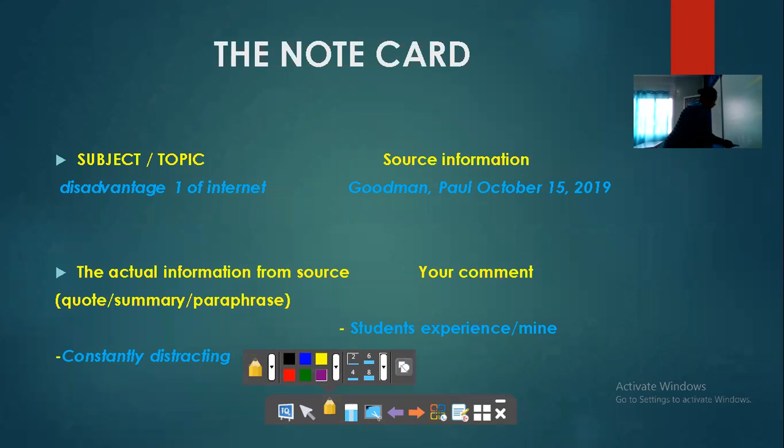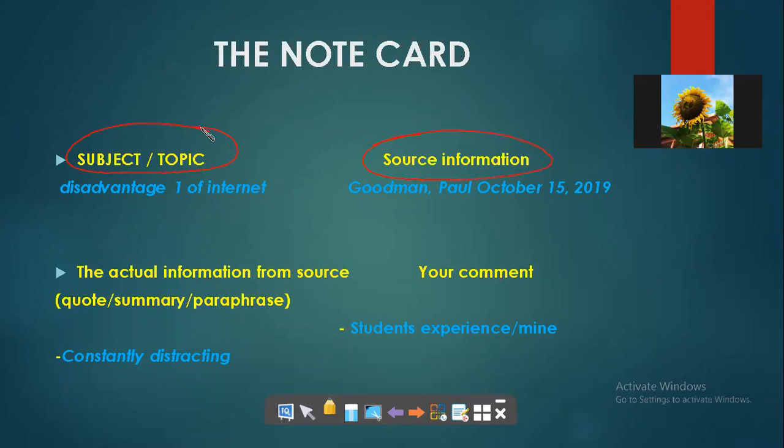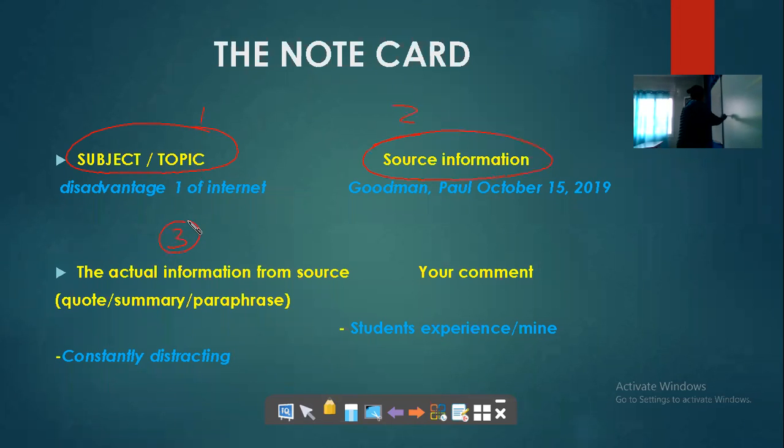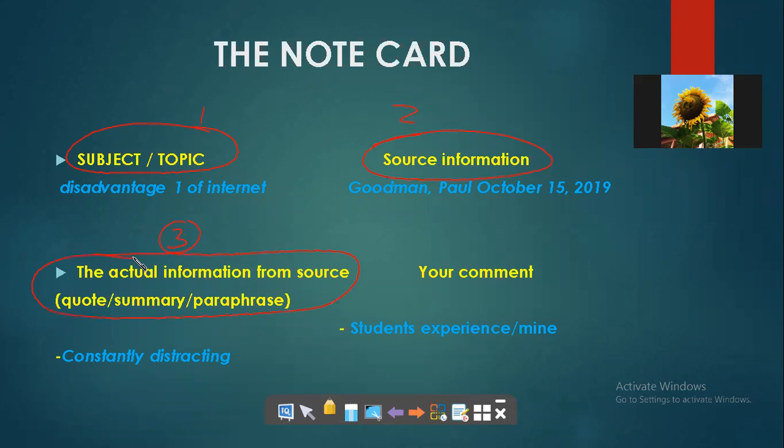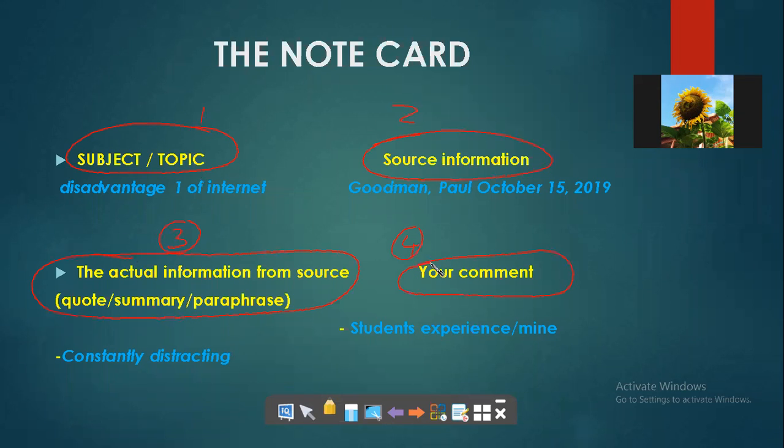So your note card will have 4 elements. What are the 4 elements? There has to be a subject. There has to be source information. Number 3 is the actual information from the source, and number 4 is your comment about the information, all right?